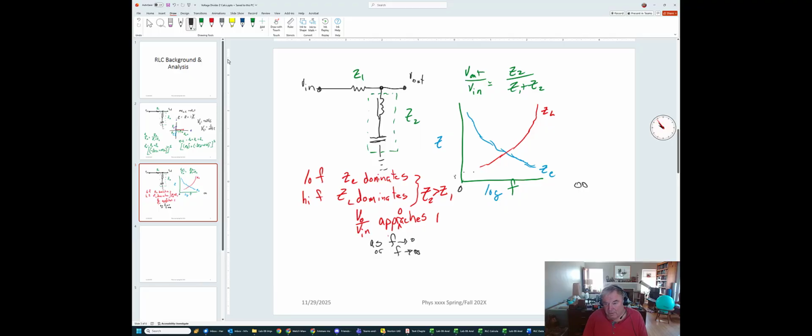And you see here that they cross at a certain point. And that is where they're equal to each other.